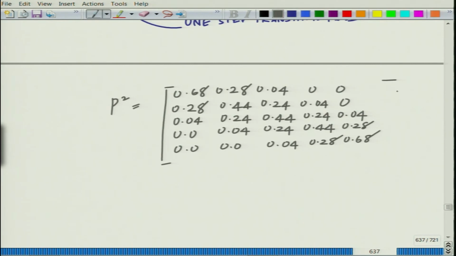This is the two step transition probability matrix.